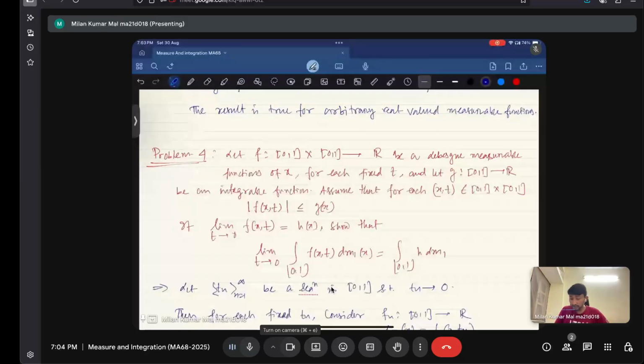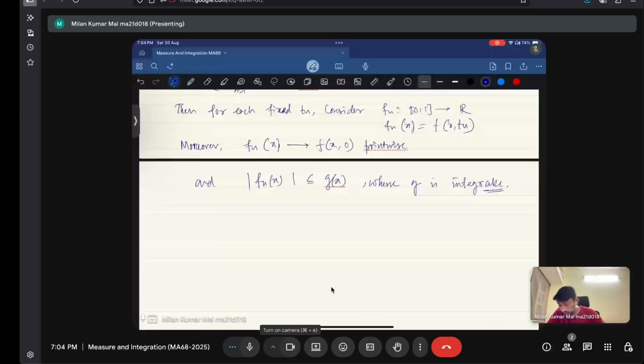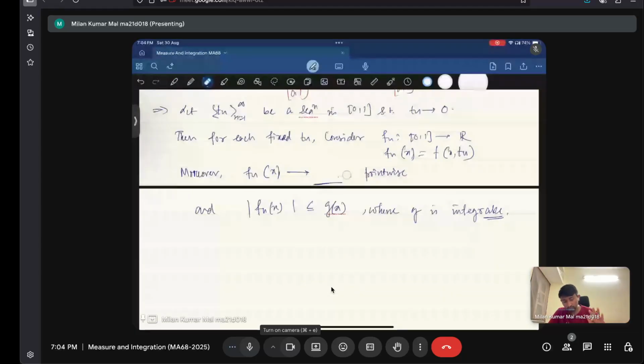As t tends to 0, this is h(x) basically. Note that this is given, because it is given that limit as t tends to 0 of f(x,t) is equal to h(x).